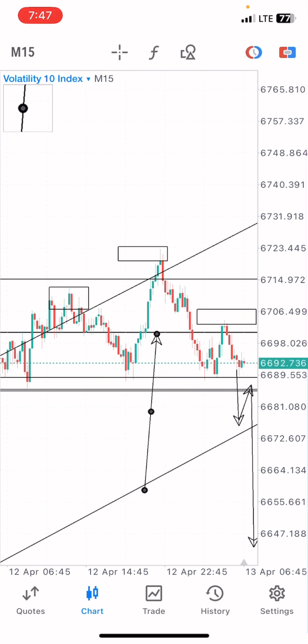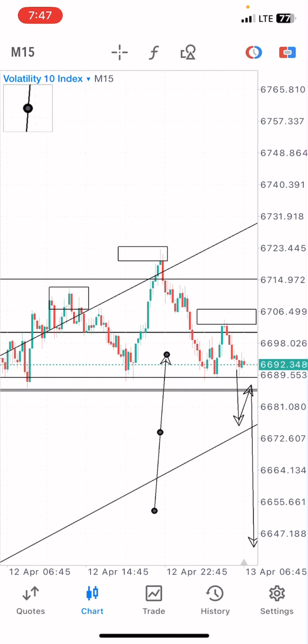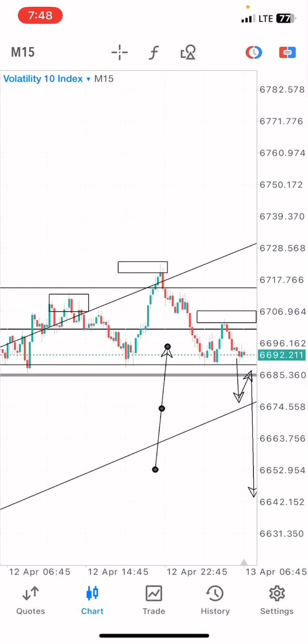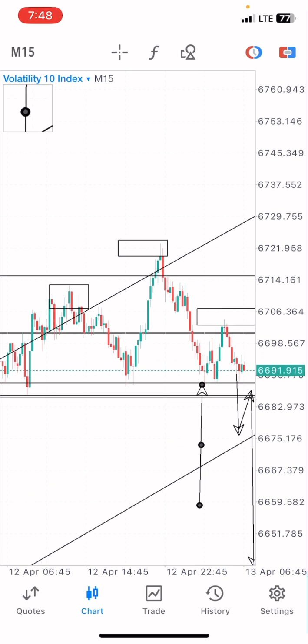Whatever you're risking, make sure you risk what you can afford to lose, and make sure your stop loss is at a good point, because the market will try to play around before giving us the actual move of the market. So that's my take on this particular index, guys.